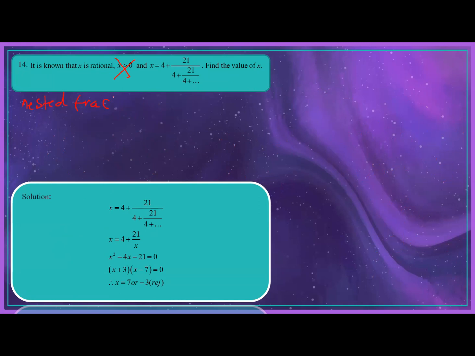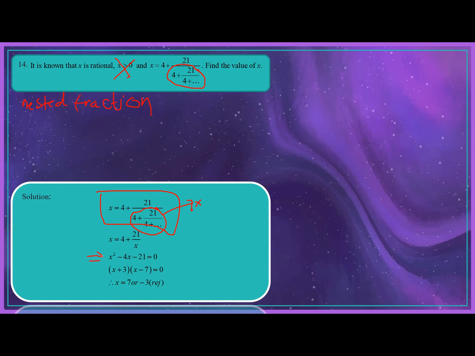Earlier we had a nested radical, so it's the same concept, but the first one is a radical and the second one is a fraction. It repeats here: the denominator of 21 is our x also. So you solve for x normally.